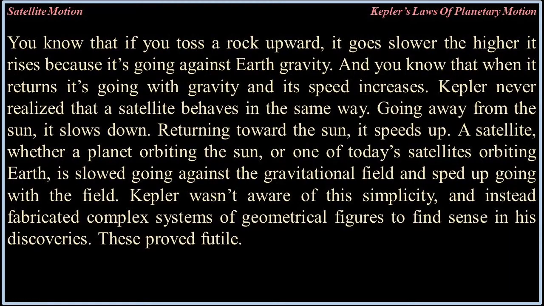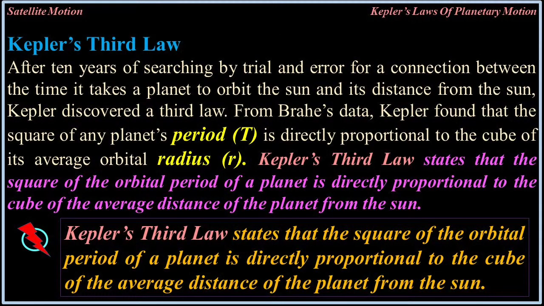A satellite, whether a planet orbiting the sun or one of today's satellites orbiting Earth, is slowed going against the gravitational field and sped up going with the gravitational field. Kepler wasn't aware of this simplicity and instead fabricated complex systems of geometrical figures to find sense in his discoveries. These proved futile.